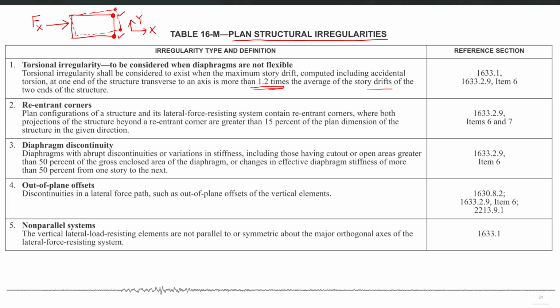If the maximum story drift is more than 1.2 times their average value, then the structure is supposed to have the torsional irregularity. If you have this torsional irregularity, the code clause imposes some additional requirements for such structures. So you have to carry out a so-called torsional irregularity check also, which is defined here in this provision.